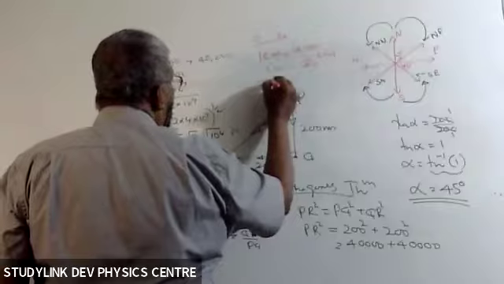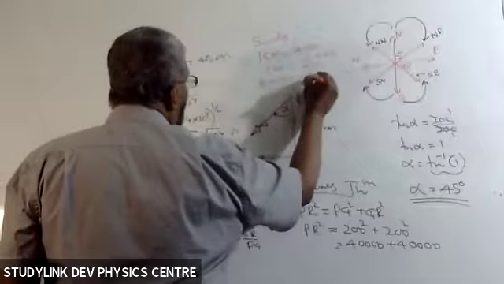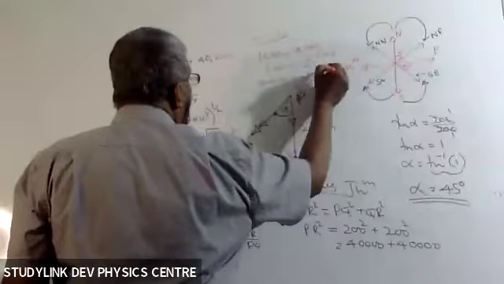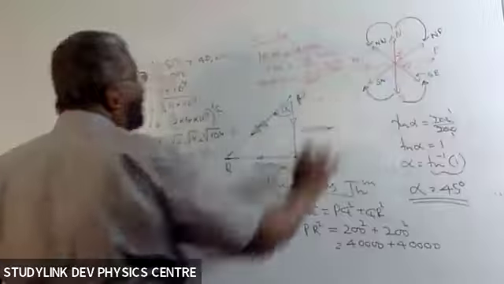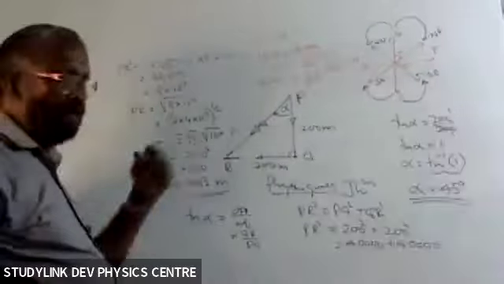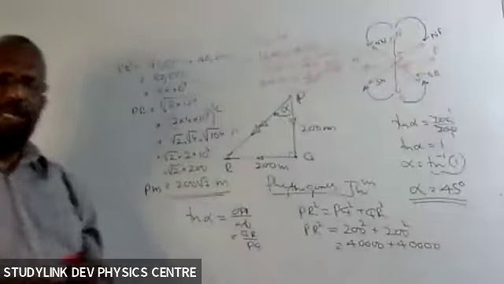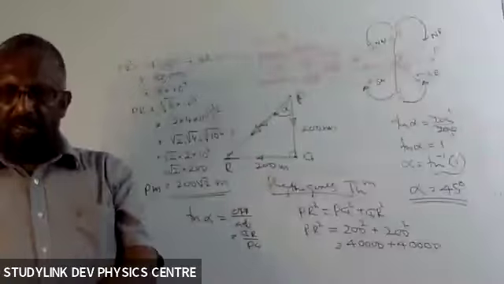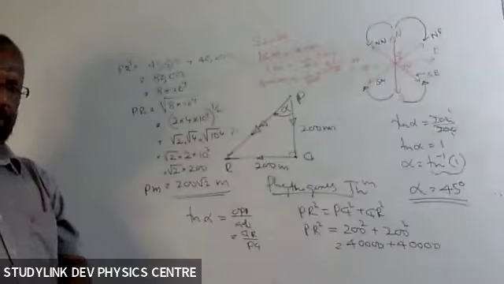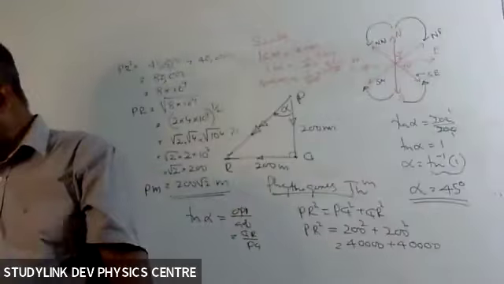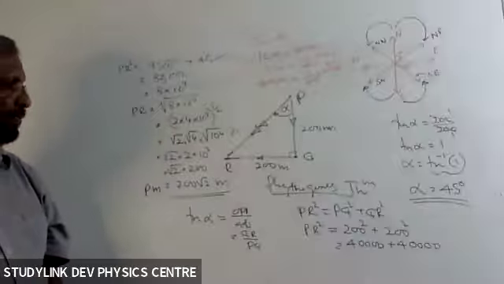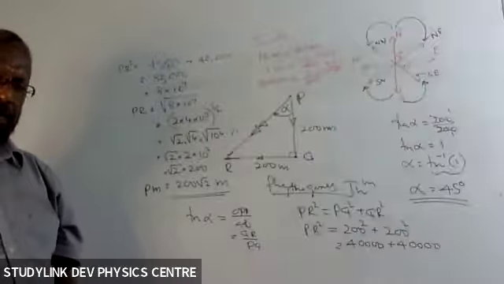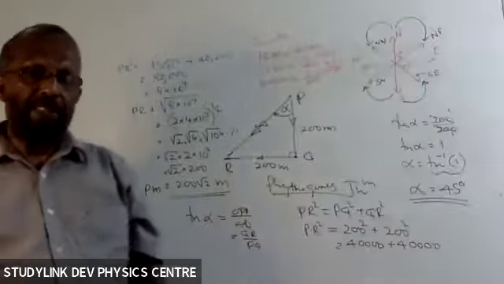Then 200 meters is equal to 1 over 40 into 200 centimeters, that is 5 cm. So then 200 means 5 cm. Any scale you can select. That is what I selected. Tan value is 1, that is 45 degrees.